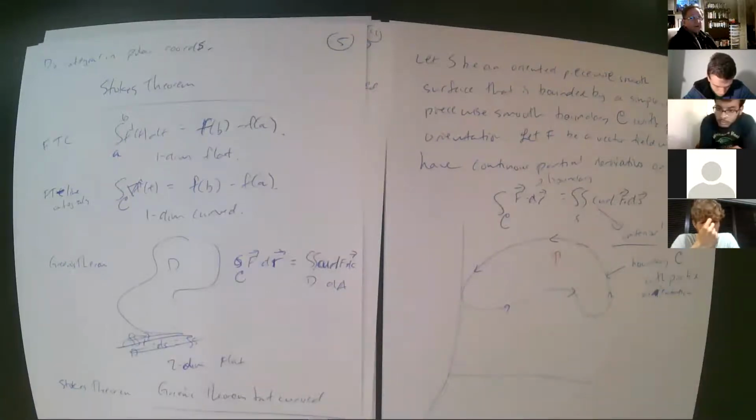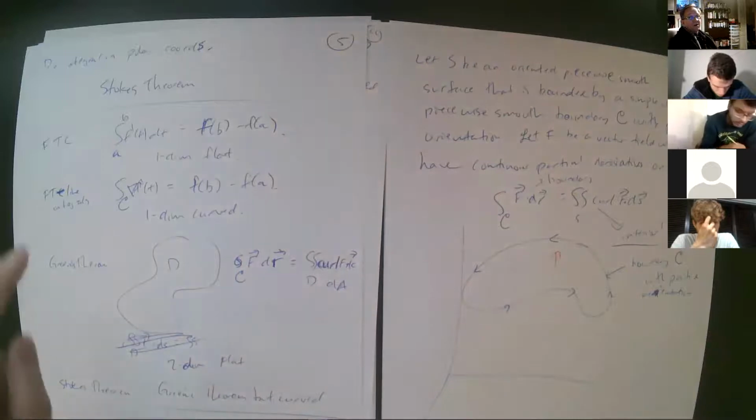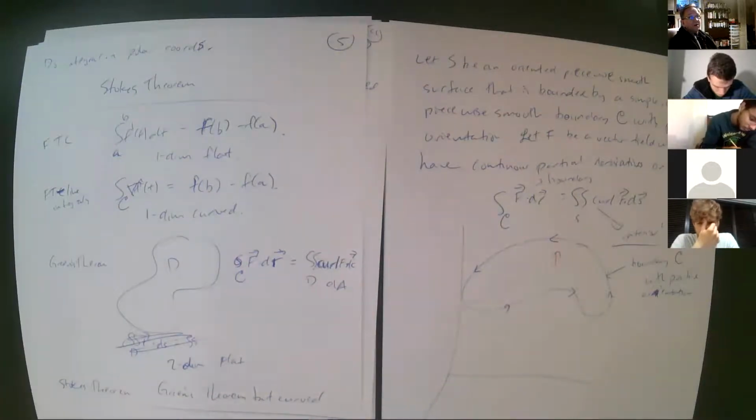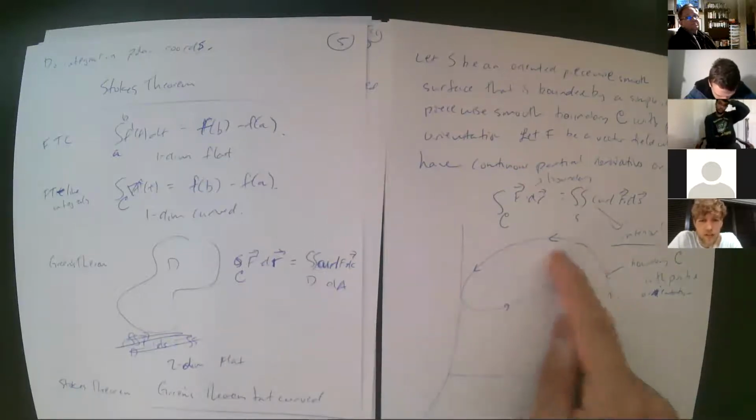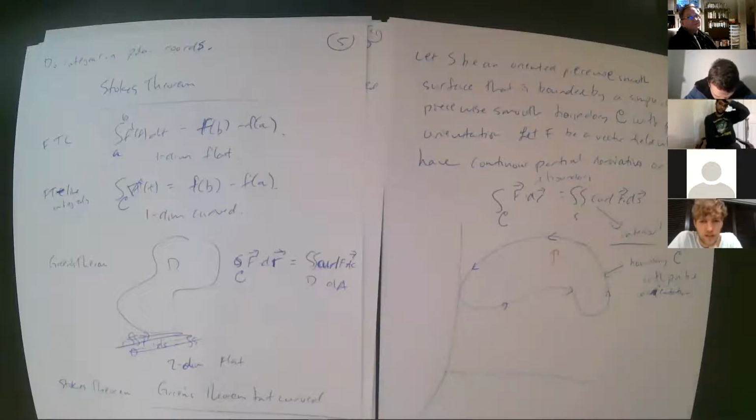Stokes' theorem does what Green's theorem and these other two theorems do: it takes an integral from the interior and transforms it to a computation on the boundary. What would S be then? S is this surface right here. That's a three-dimensional surface, right? It's a two-dimensional surface. It sits in 3 space, but it's two-dimensional.